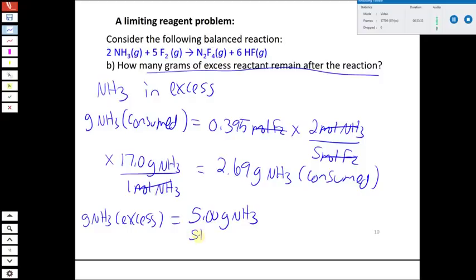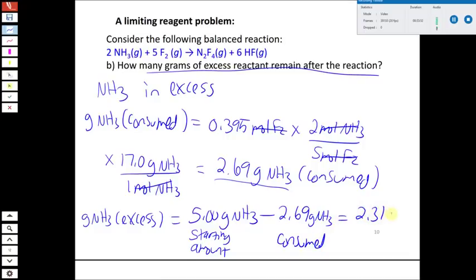So 5 grams was our starting amount. And then we're going to subtract the amount that was consumed, which we just calculated, 2.69 grams. So that's the amount that's consumed, and that means that we have 2.31 grams left over.